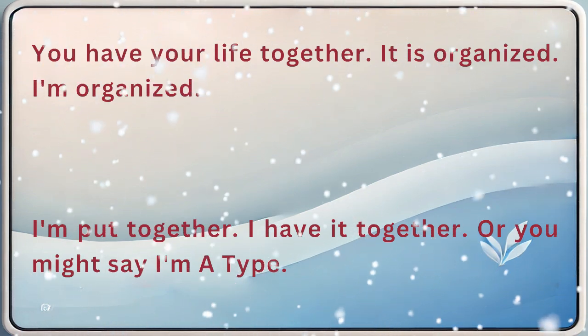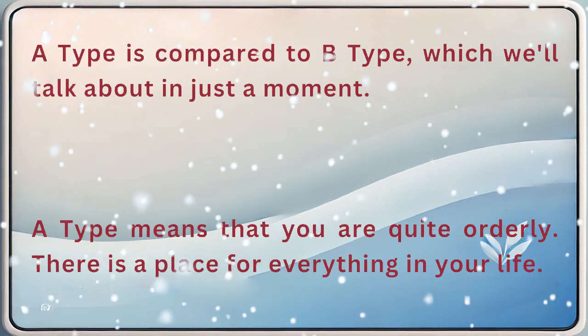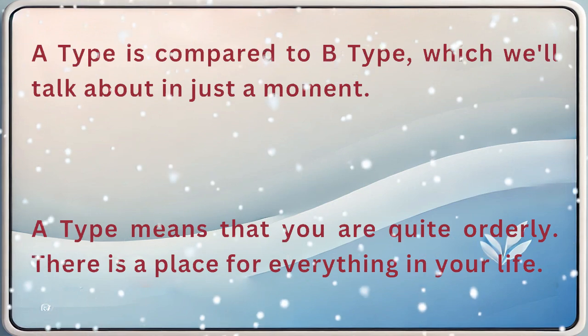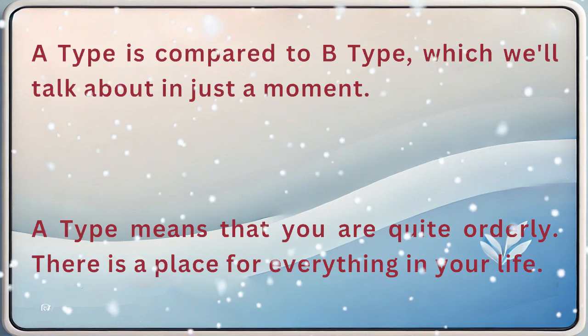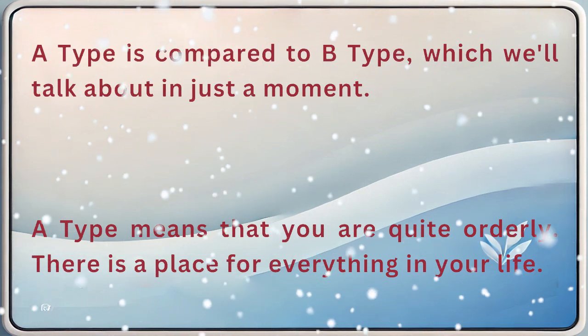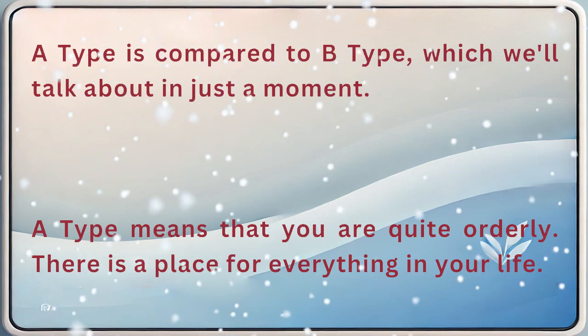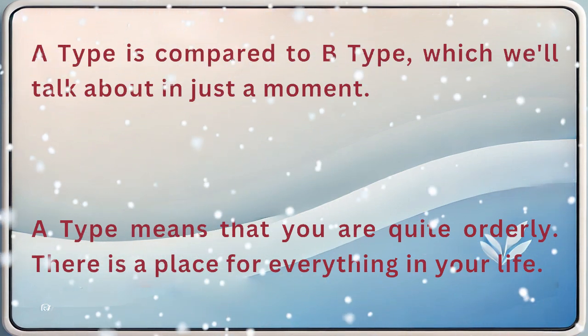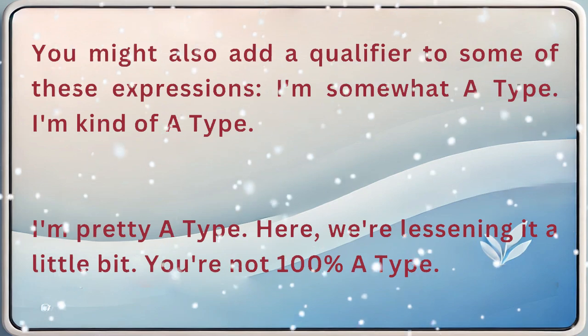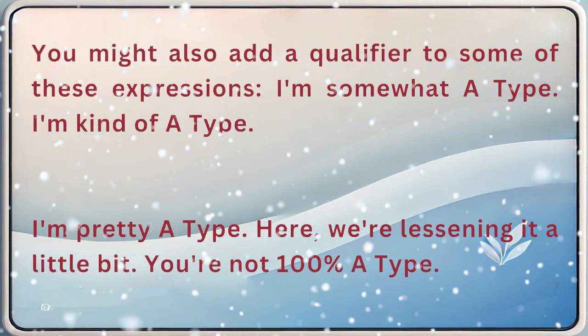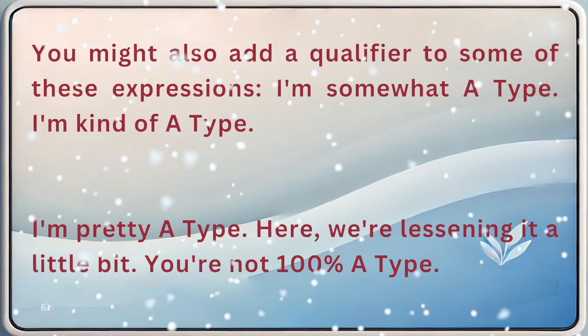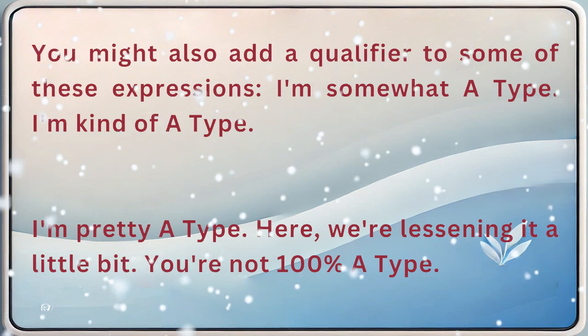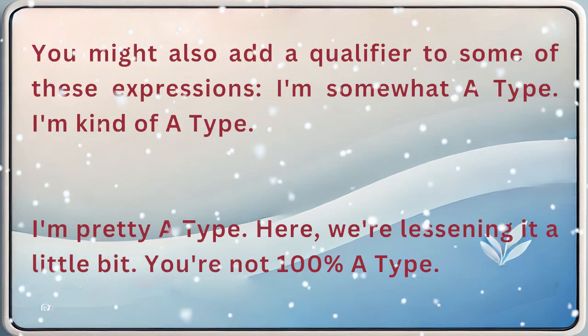Or you might say I'm A-type. A-type is compared to B-type, which we'll talk about in just a moment. A-type means that you are quite orderly. There is a place for everything in your life. You might also add a qualifier to some of these expressions. I'm somewhat A-type. I'm kind of A-type. I'm pretty A-type.